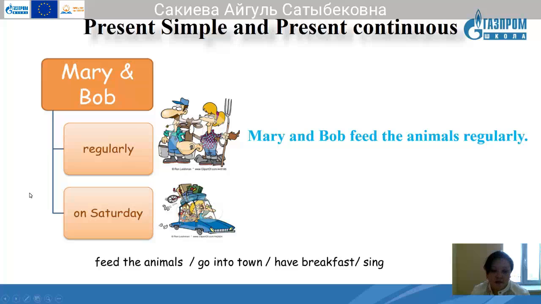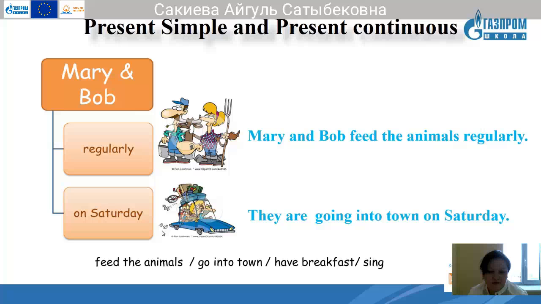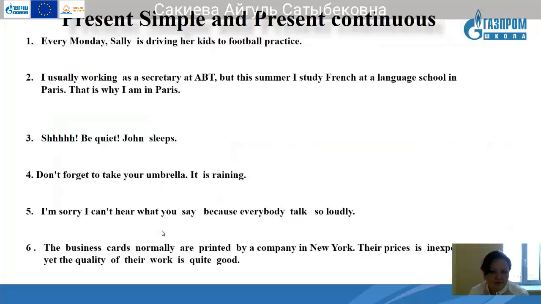Yes, right. And on Saturday, maybe we are talking about the coming Saturday. Then it should be a plan, right? Bayel, but you forgot the auxiliary verb. Yes, Nursultan. They are going into town on Saturday. You're right. Good job, guys.